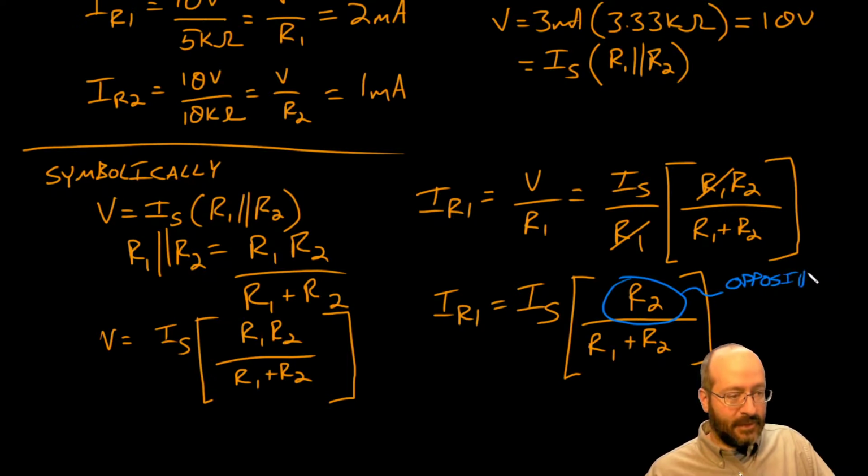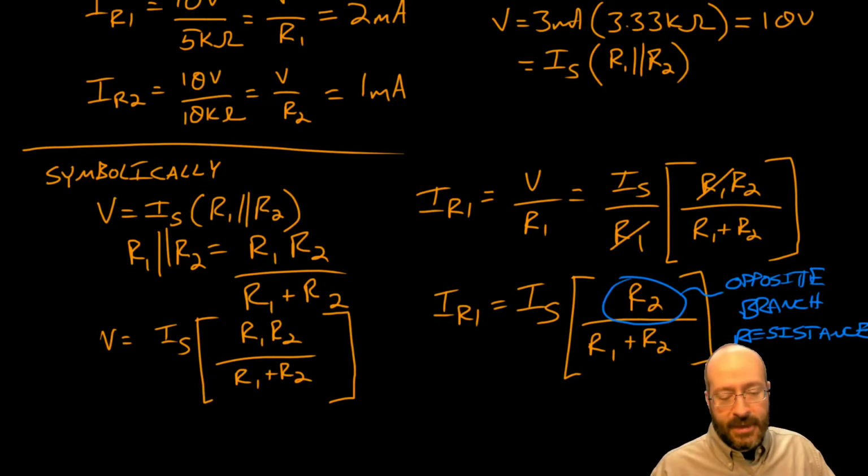Okay, so I just really want to emphasize this because it's easy to screw up. This is the opposite branch resistance in the numerator. It's different than the voltage divider. So get that straight in your head as much as you can.